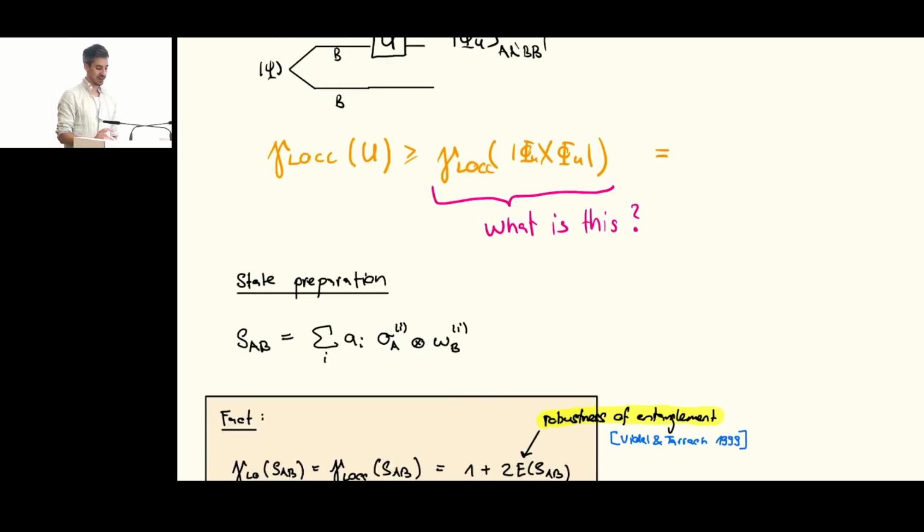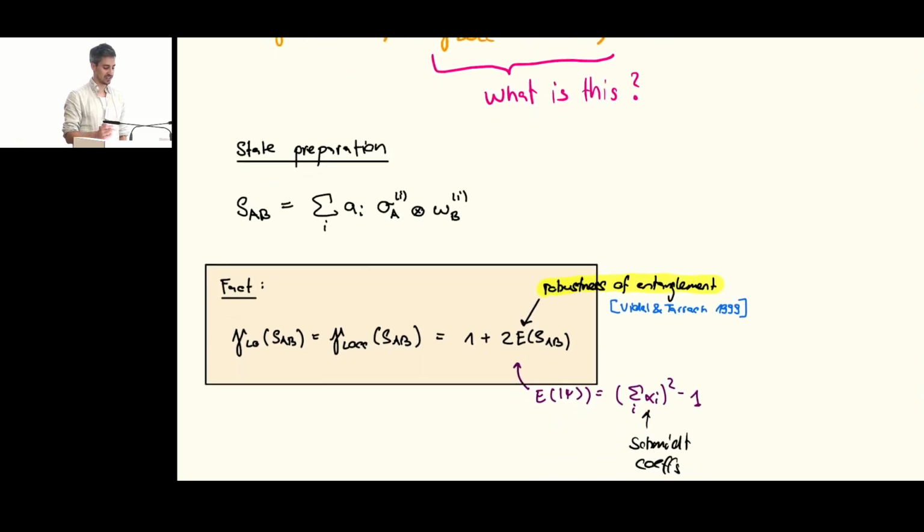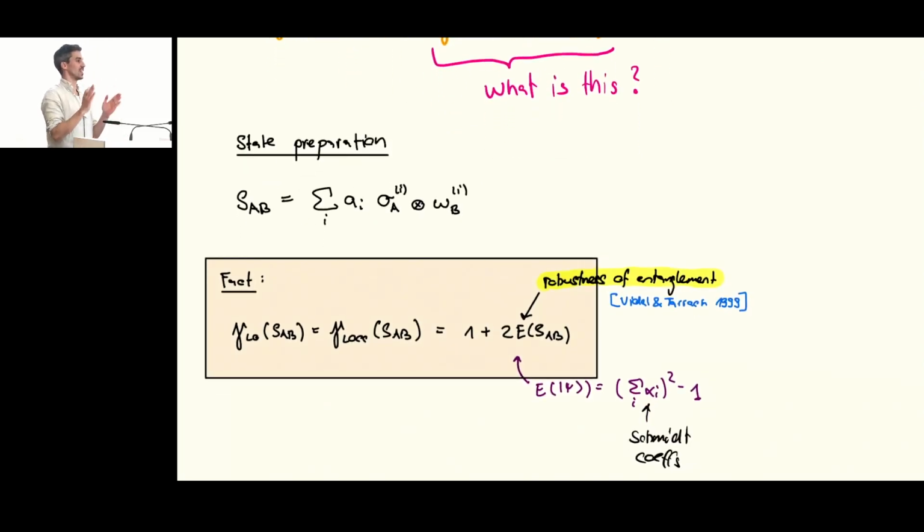Now, okay, I didn't explain what the gamma factor is for a state. I only explained it for a map, but you can imagine it's the same, right? For a state, it's just a state preparation idea, right? We have an entangled state here, and we would like to write it as a linear combination of product states. Right?